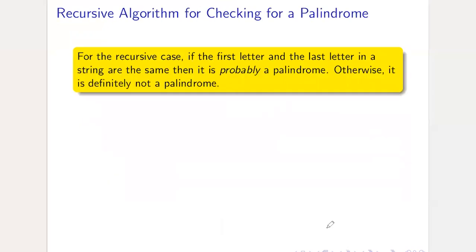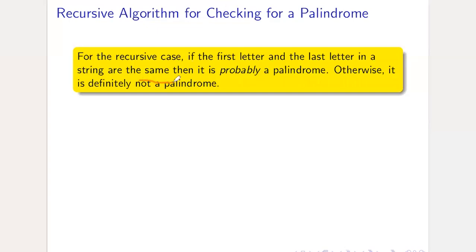Next, we have to get the recursive case. Okay. So when we are checking a phrase or a word for a palindrome, what we have to check is whether the first letter in the phrase and the last letter in the phrase are both the same.